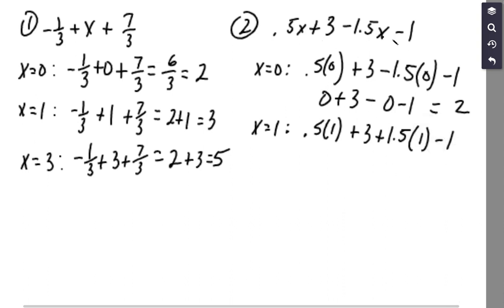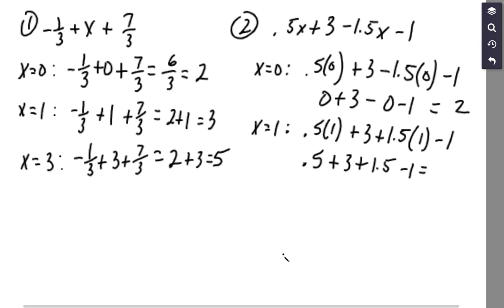Okay, just following the equation. So 0.5 times 1 is 0.5 plus 3, and then 1.5 times 1 is 1.5, and then we'll have the minus 1.